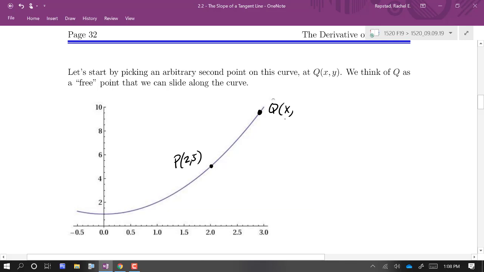I'm being arbitrary about it, so I haven't picked a particular point Q. It has some arbitrary x coordinate, and if I know the x coordinate, I know the y coordinate in terms of x, because the curve is y equals x squared plus 1. So this point has coordinates x and x squared plus 1.